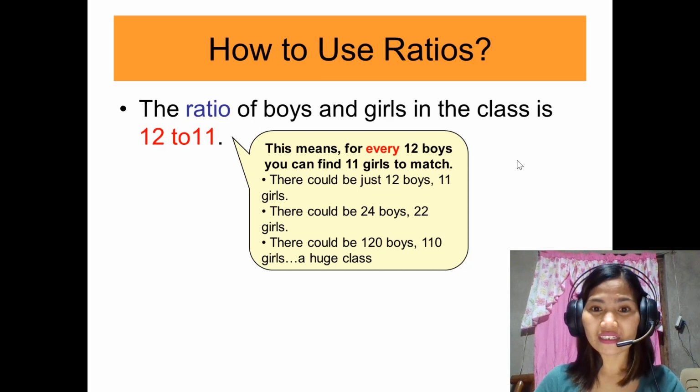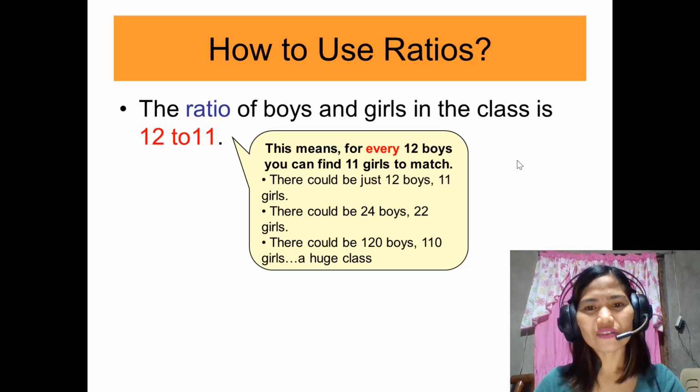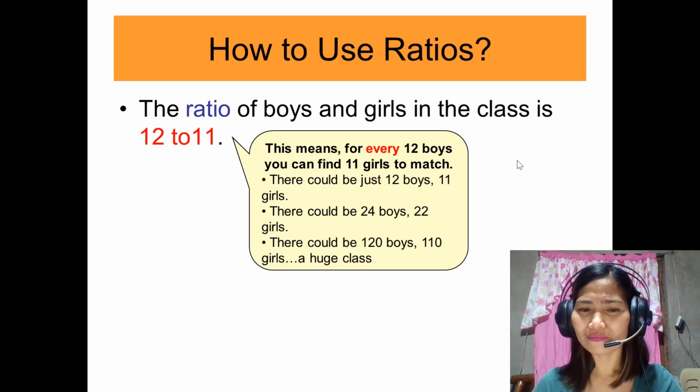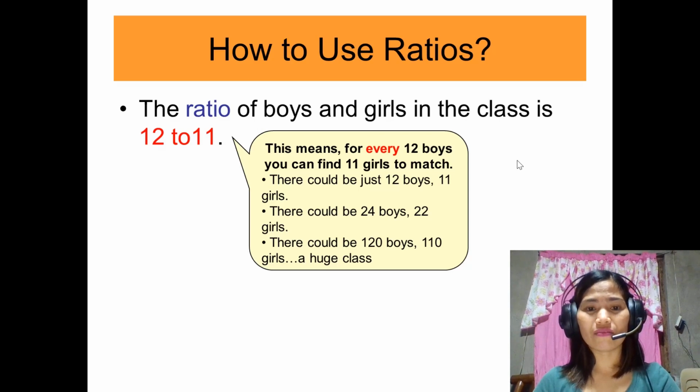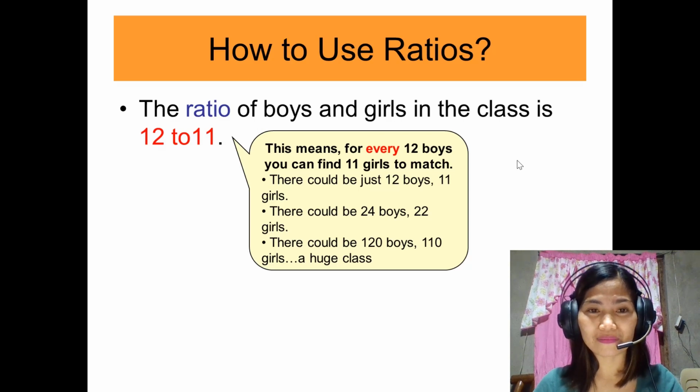There could be just 12 boys and 11 girls in a class. Or there could be 24 boys and 22 girls in a class. Or there could be 120 boys and 110 girls in a huge class.